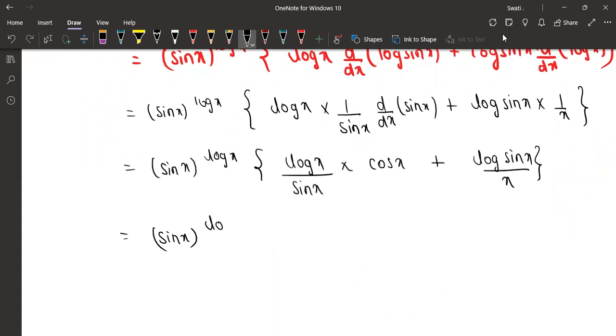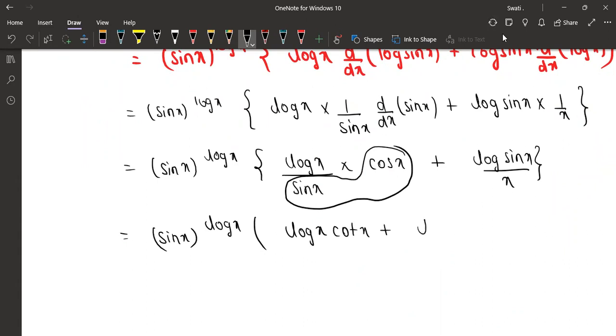So sine x raised to log x, and then in bracket we are getting log x cos x upon sine x. We know that this cos x upon sine x is nothing but cot x. So using that formula, it will become cot x, and this we can write down as it is, log sine x over x. And this is our final answer of dy/dx. Okay, so this is the answer.